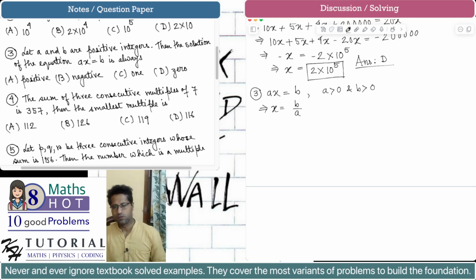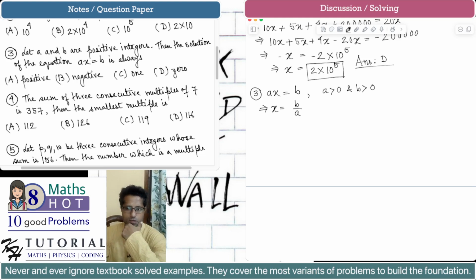Now we have to see what will be the nature of the value of b by a. Will it be positive, will it be negative, or will it be 1, or will it be 0? It cannot be 1 or 0 because nothing has been said about the specific value of a and b.